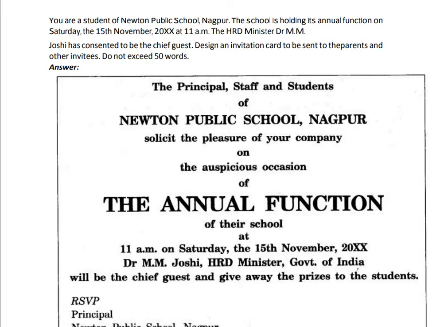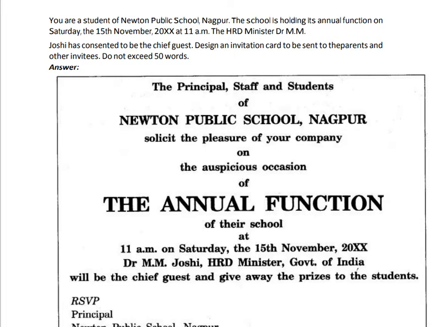See what is most important: the annual function. And you can see here that is what is highlighted, in different font sizes. The name of the school is highlighted, and the occasion is highlighted. And what is the occasion?